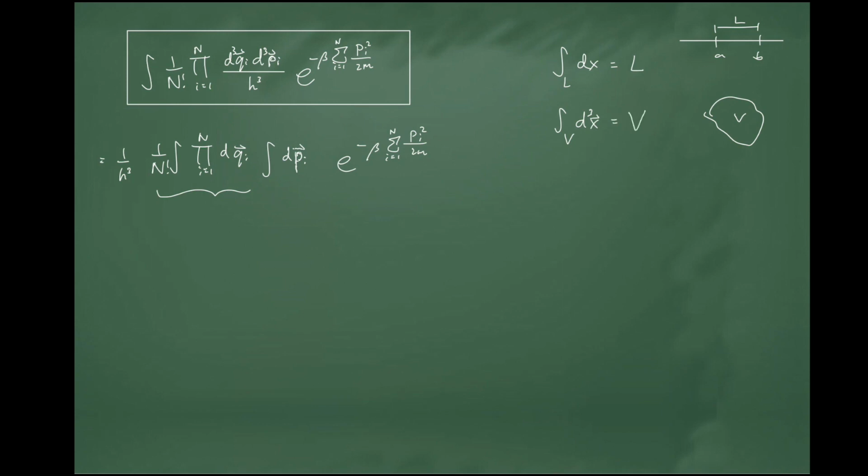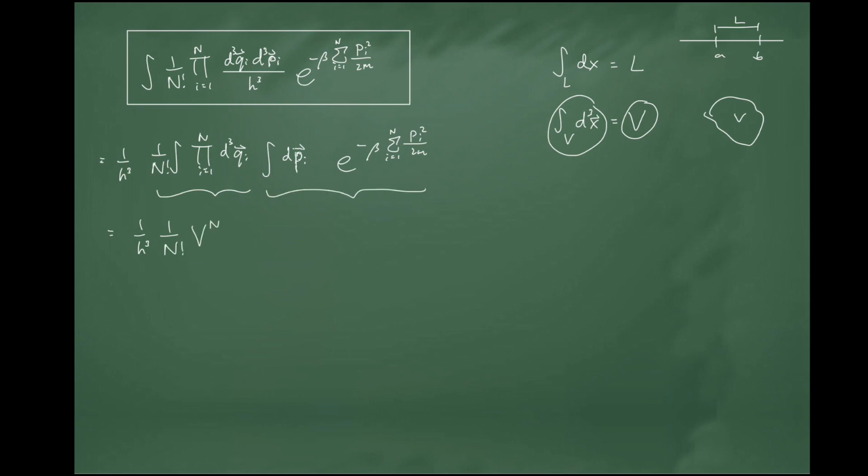So here I have d^3q, n amount of these, and each d^3q gives me a volume, so n of them give me n volumes. So this part basically just gives me V to the power of n.